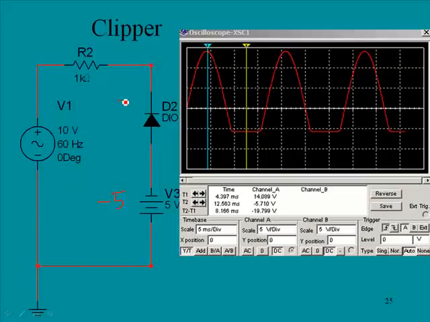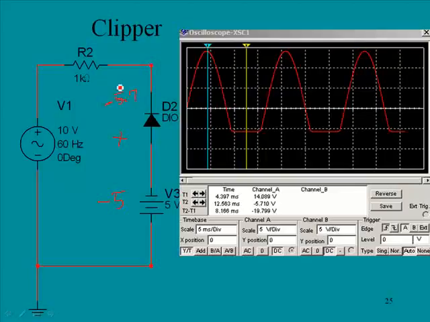Now, in this case, in order for this diode to turn on, the cathode has got to be more negative than the anode. In this case, the anode is minus 5 volts. So in order for this to turn on, this will have to be at least minus 5.7 volts.